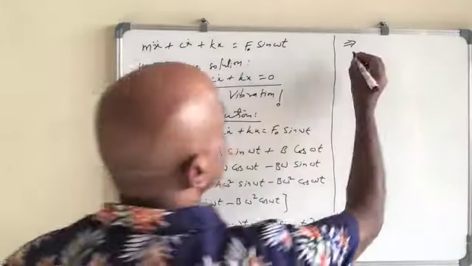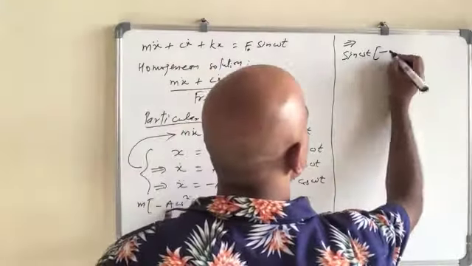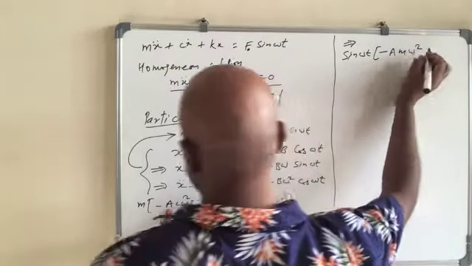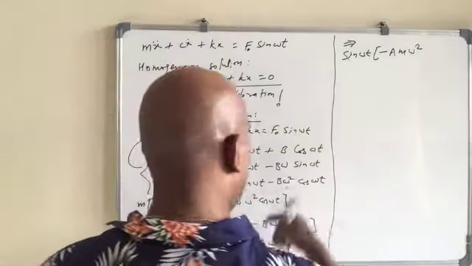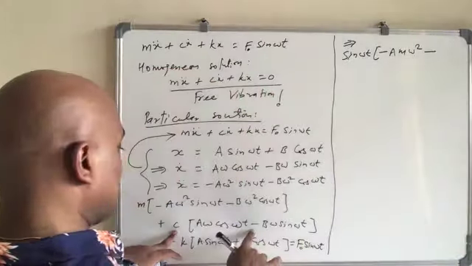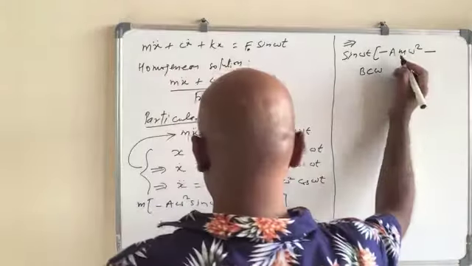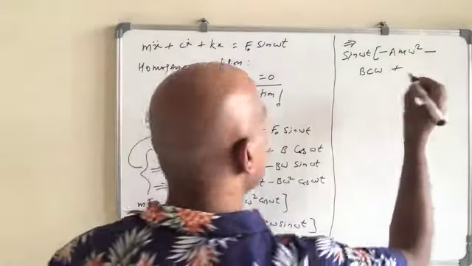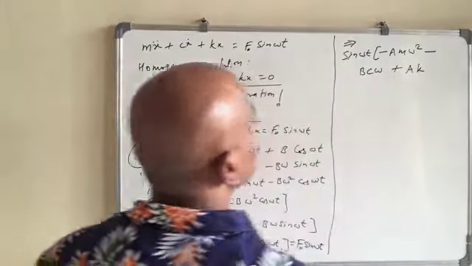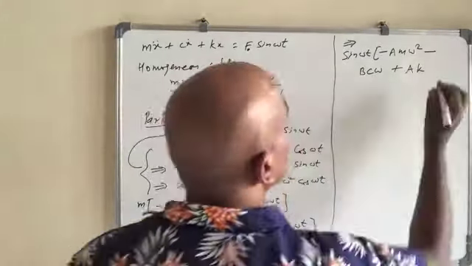Okay, so for sine omega t, we write sine omega t multiplied by minus A m omega square, then minus B c omega, and then plus A k, multiplied by sine omega t.